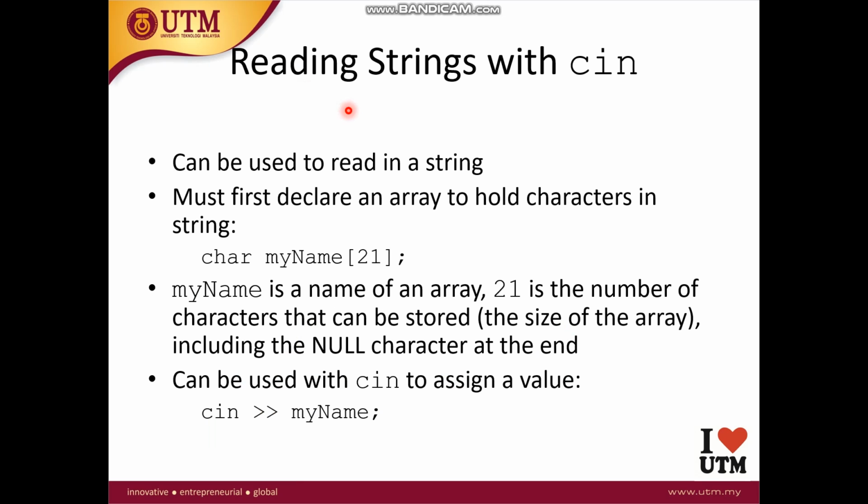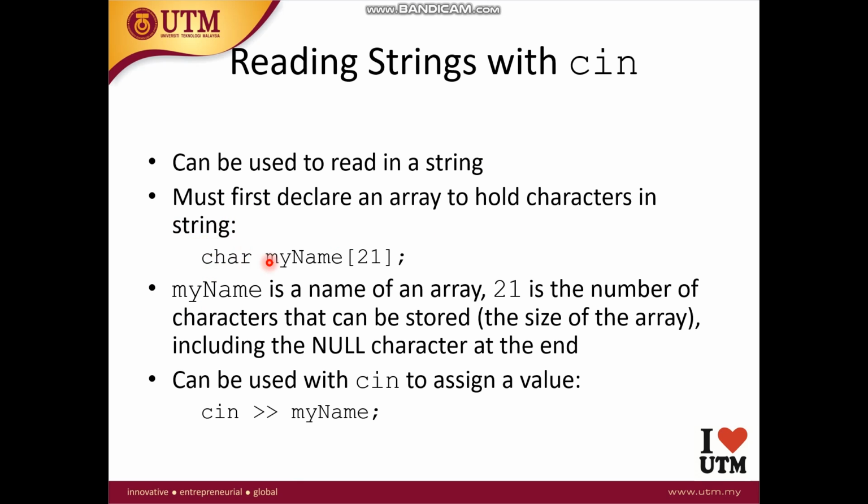So far we have been talking about how to enter data using cin when the data is an integer or a number, but in this slide we are talking about reading a string value from the cin object. So at the beginning we must declare an array to hold the characters in the string.